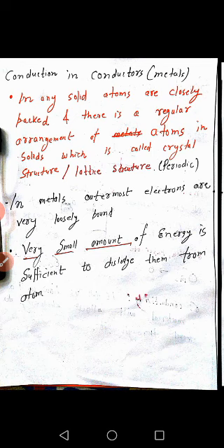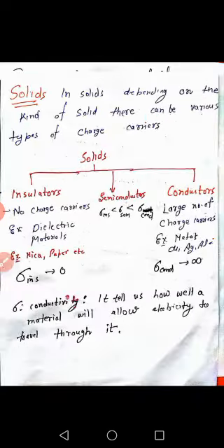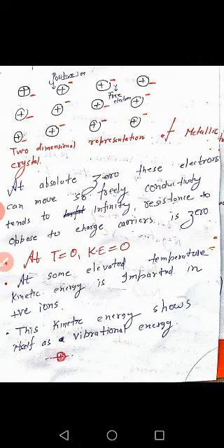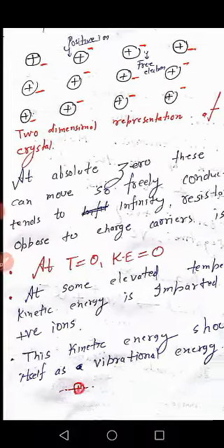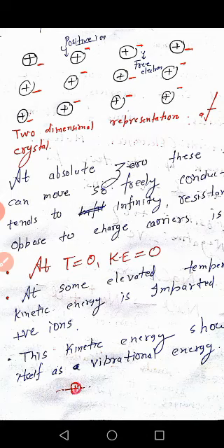Okay, now we will move to the next slide. This is the next slide. So here you can see the two-dimensional representation of a metallic crystal. This is just a cross section, and you can assume the layers above and below.